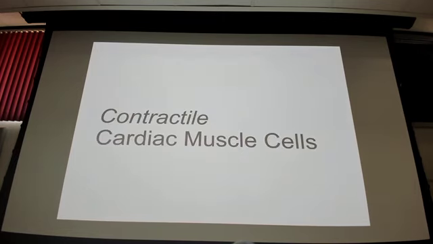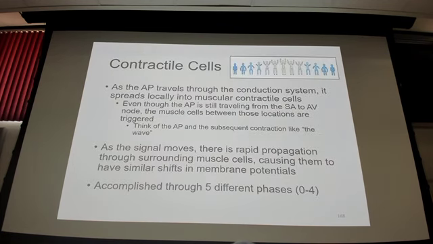Okay. All right, let's talk about contractile muscle cells. That was the conductive cells. Now we're going to talk about the contractile cells. We've already covered all this material, all right? But what we're going to talk about is the difference in how the action potential propagates through these guys, all right? And it is different, right? They don't have a pacemaker potential because there has to be a resting period. Everybody has seen an EKG, right? There's a flat piece before the next thing, right?